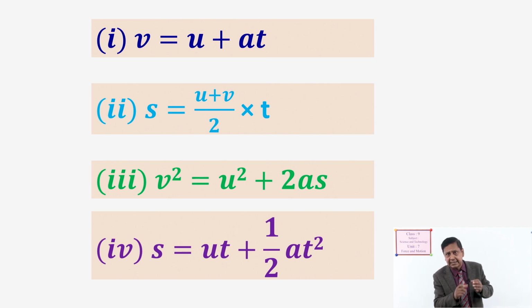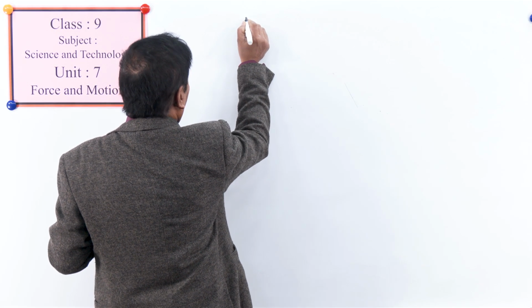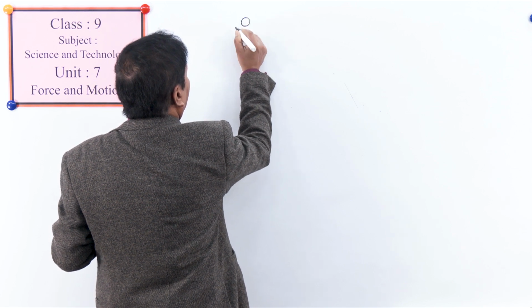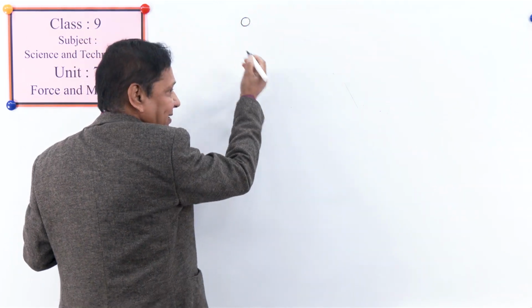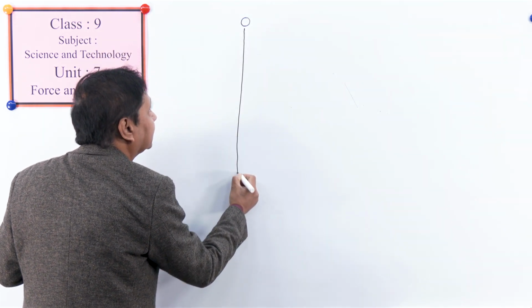But in the meantime, I want to introduce another physical quantity, that is acceleration due to gravity. What is it? Now let's understand about this. Let's say this is a body and it is dropped from a certain height. Then it falls down in a straight line like this.